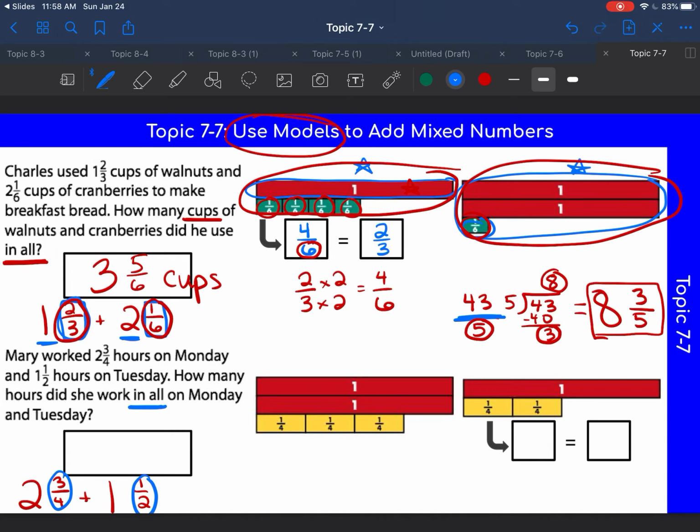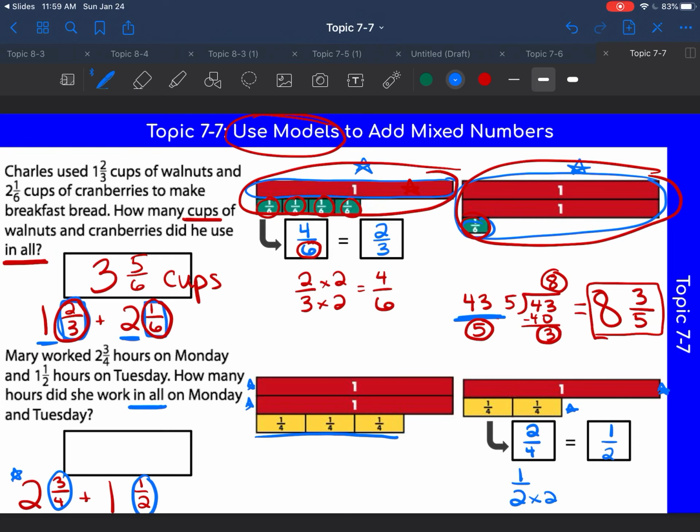Okay, so for this first example, 2 3/4, they show us 2 wholes and 3/4. For the second example, they don't show 1.5 with a half. They show 1 whole and then 2/4 because we know 2/4 is equivalent to half. And how they did that, they found a denominator of 4.